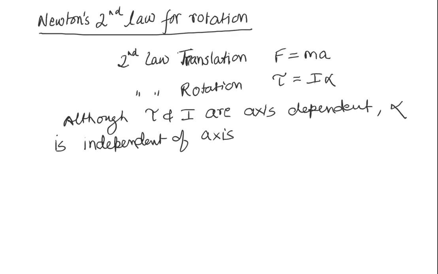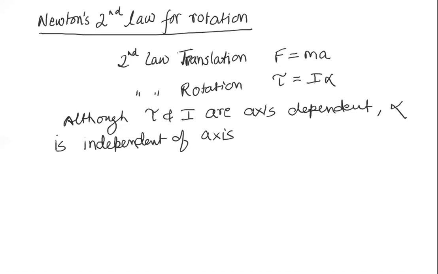So if an object is rotating with an angular acceleration alpha, then it does not matter about which axis you are going to measure this alpha, it will always come out to be the same.